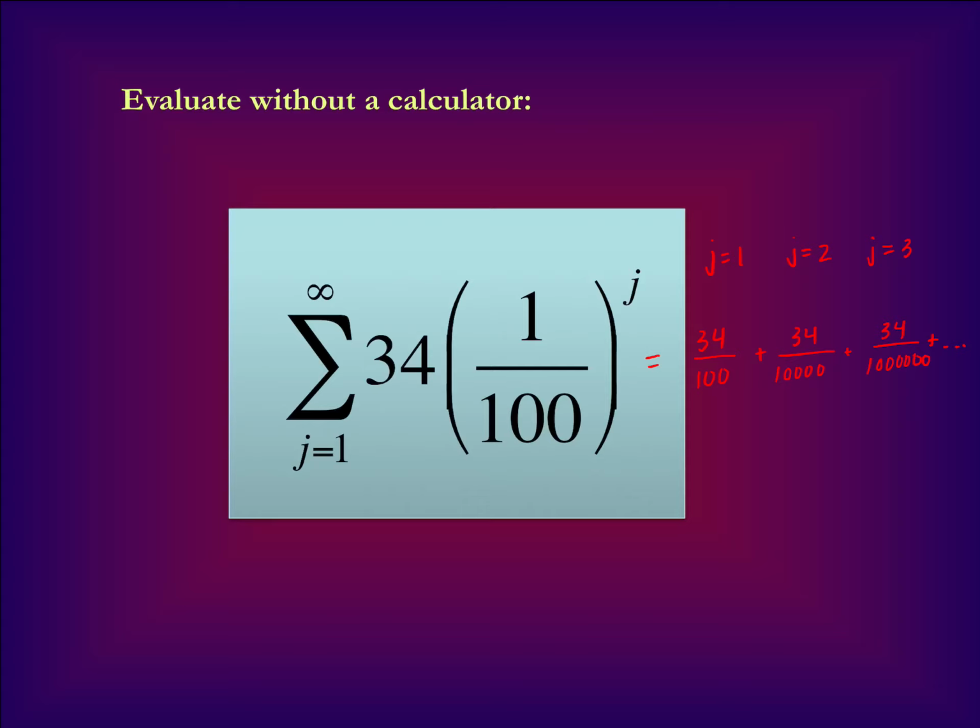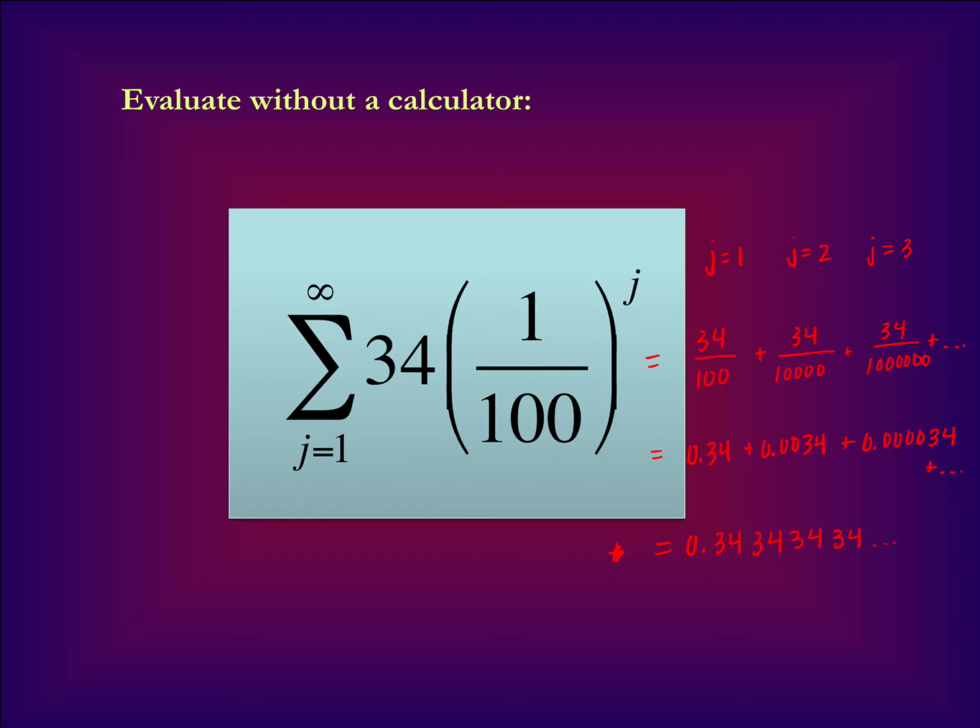Now, just like the ones we did in class the other day, or you watched the video on, we want to write this as a decimal. This is 0.34. This is going to be 0.0034, then 0.000034, plus ... You might see that when we add these all up, we're going to get 0.34343434 repeating.